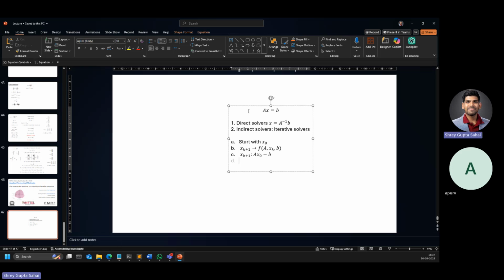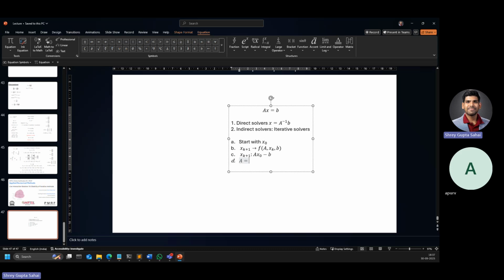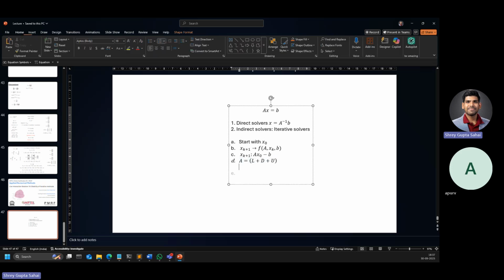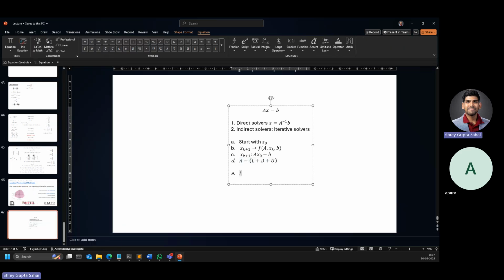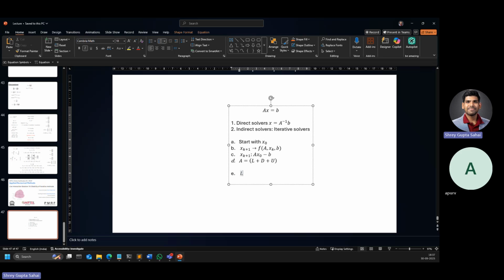So for Jacobi's method, you write A as L plus D plus U. And then in Jacobi's method, what you say is (L plus D) x k plus 1 equals B minus U x k.